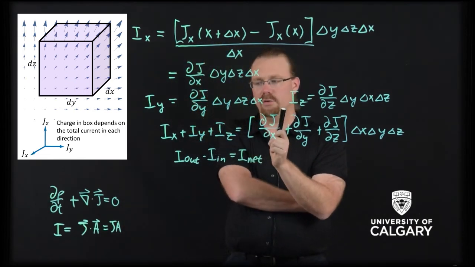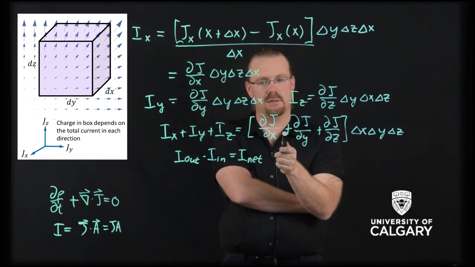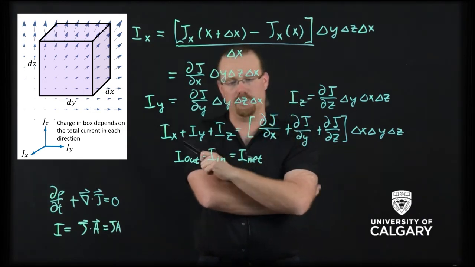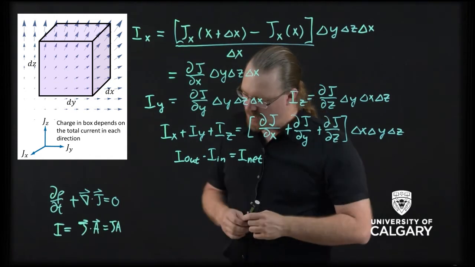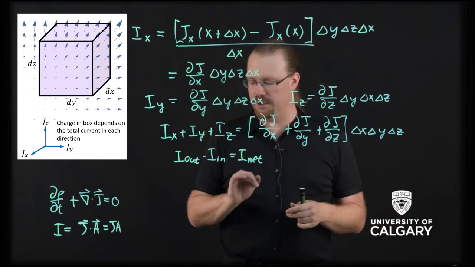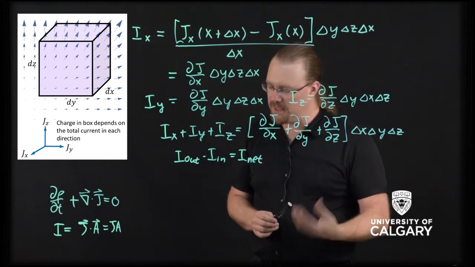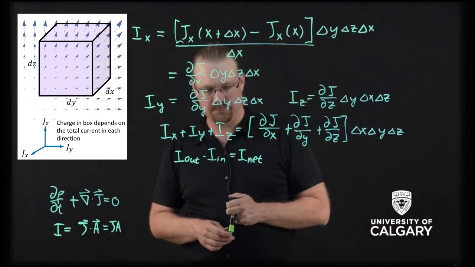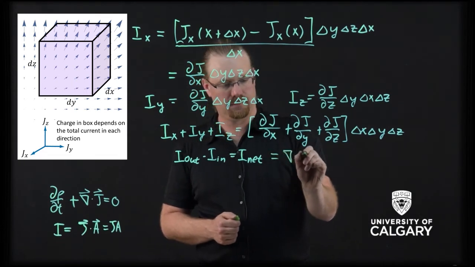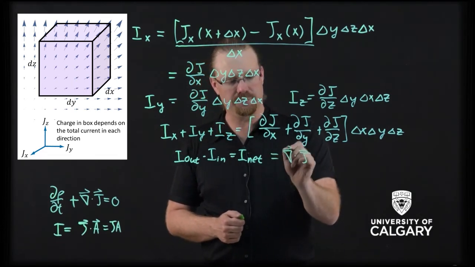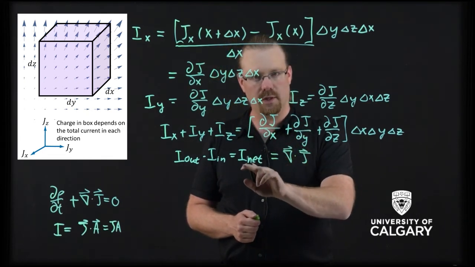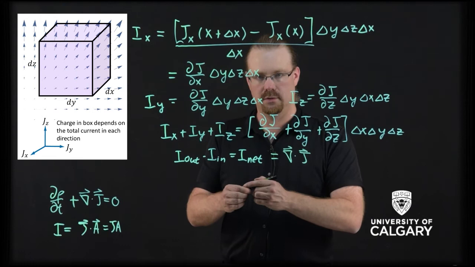Now, our net current, we had said previously, was the time derivative of charge, specifically. So what we can say is that the amount of current flowing out of our box, out of our region of space, is going to be the divergence of J, and that's going to have something to do with the current that's flowing out of our box.